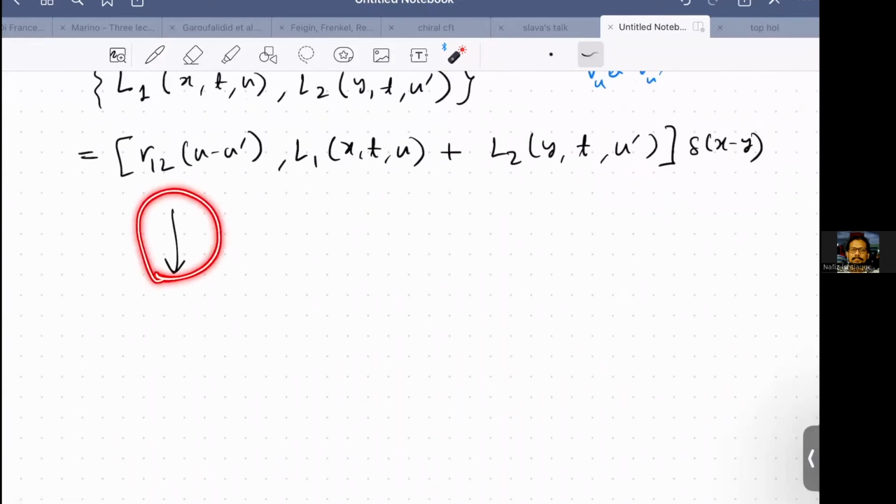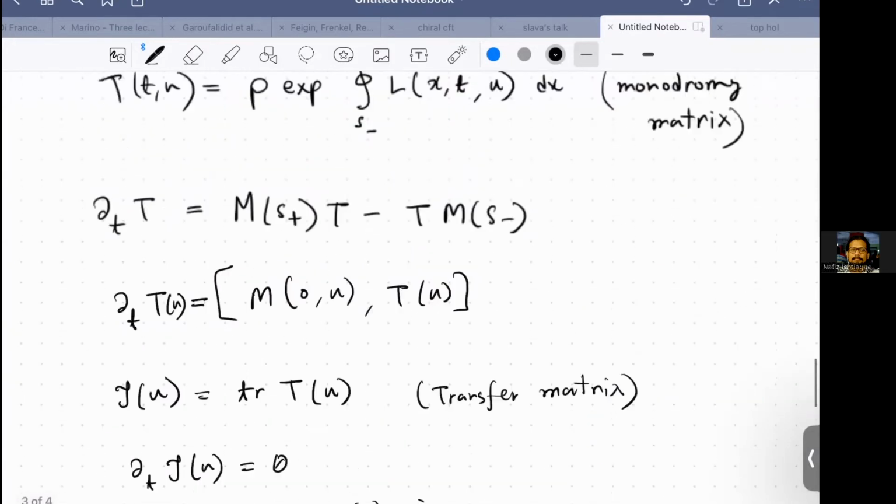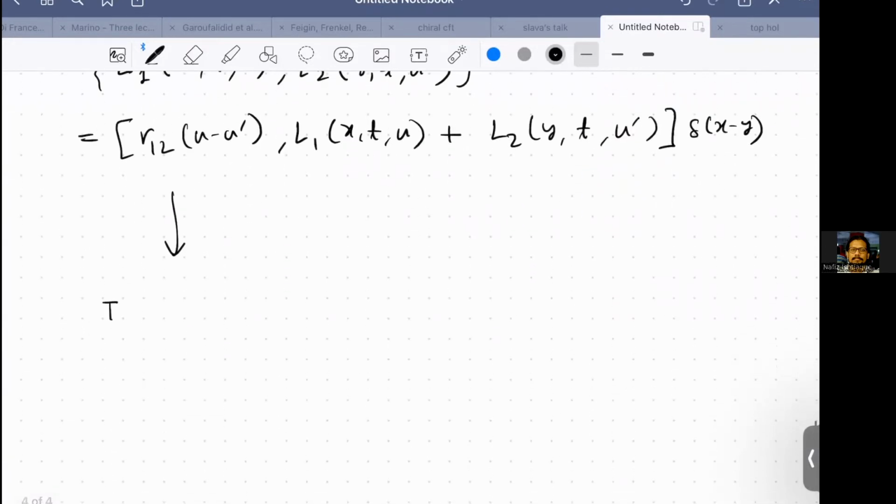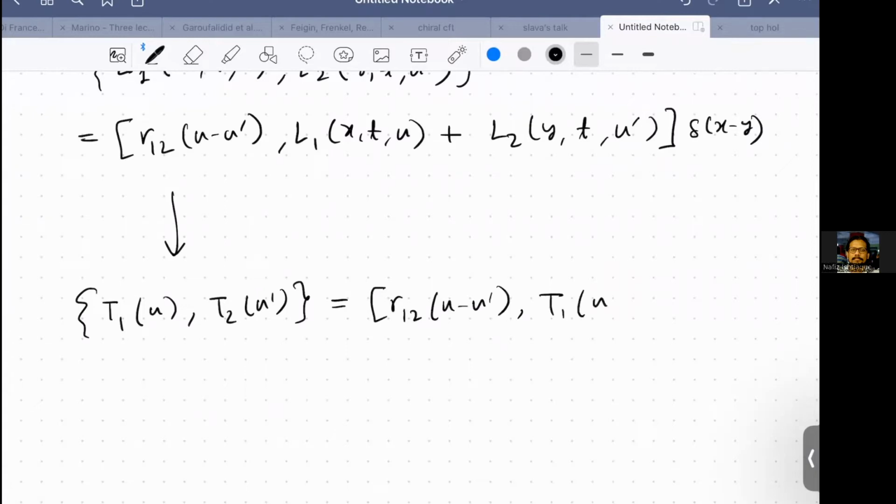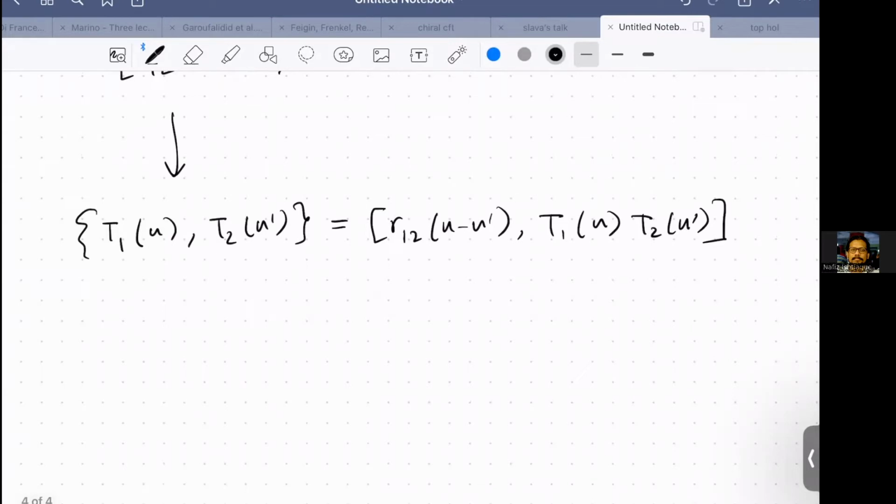So from here, you can derive the following relation between the Poisson brackets of the monodromy matrix, T1, U, okay. Now, this is an important equation.